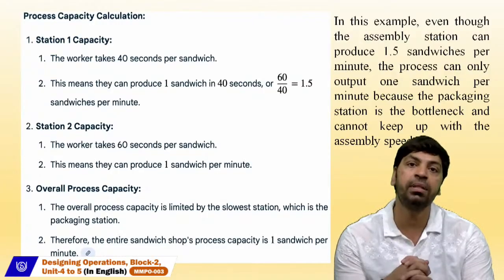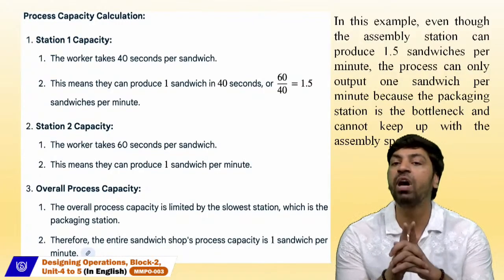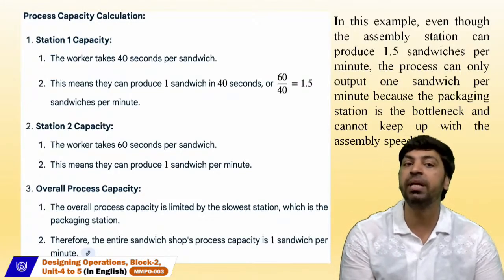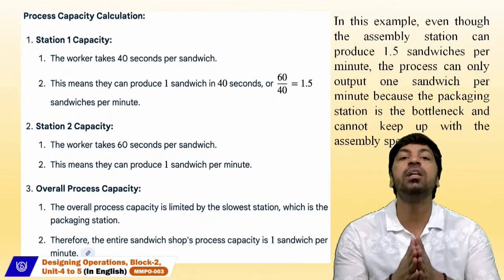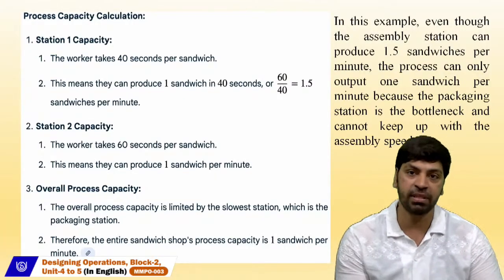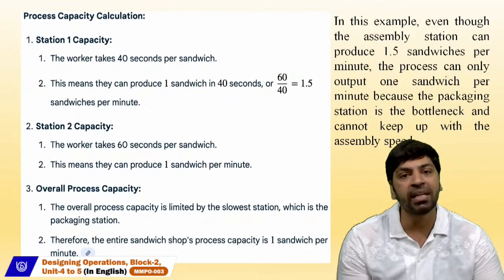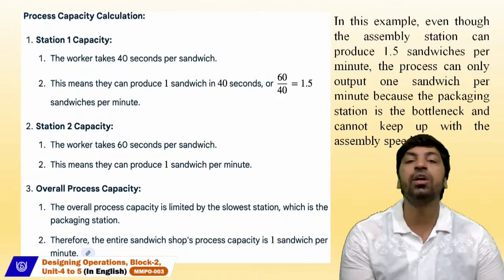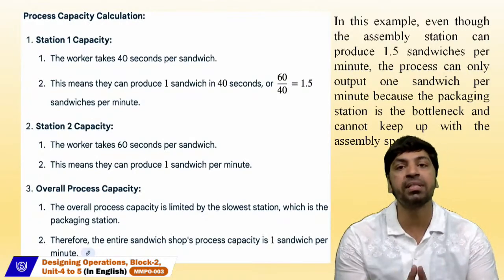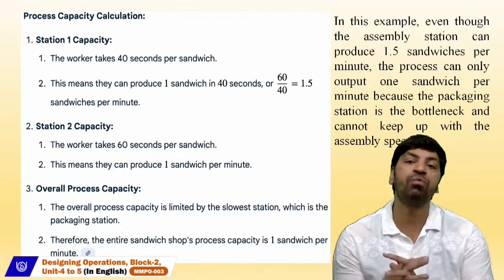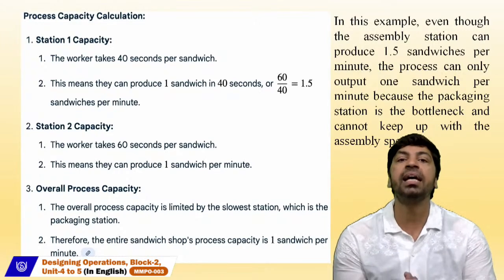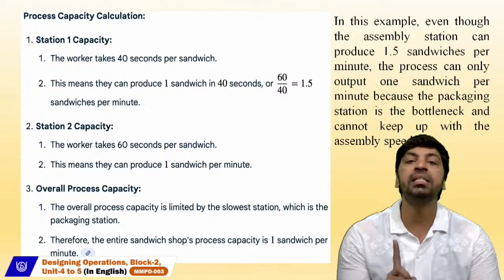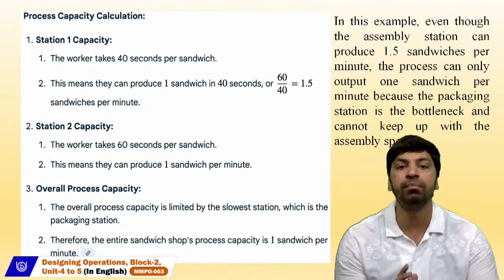So station 1 is 1.5 sandwiches per minute and station 2 is 1 sandwich per minute. The overall capacity is the lower per-minute capacity, that is the packaging capacity at station 2, which is 1 sandwich per minute. Hence the entire sandwich shop's process capacity is 1 sandwich per minute.